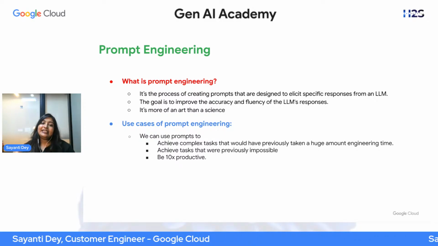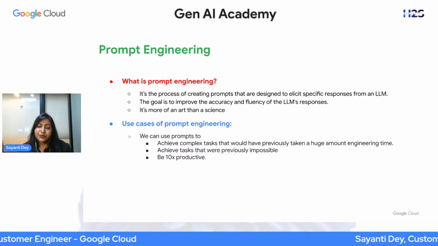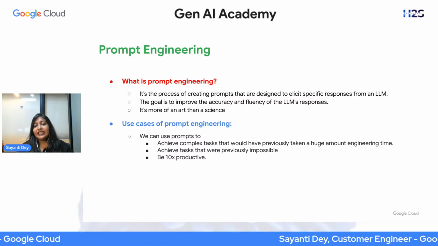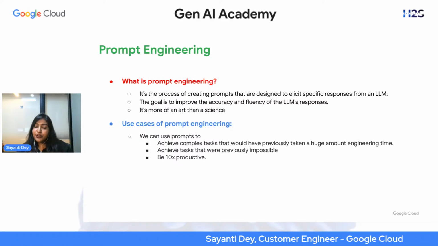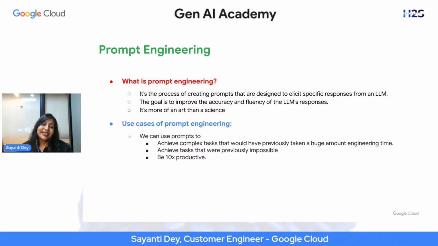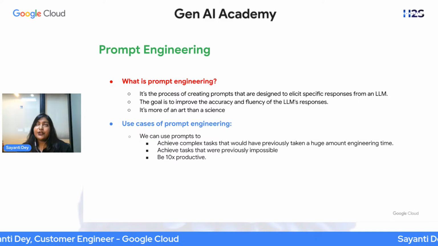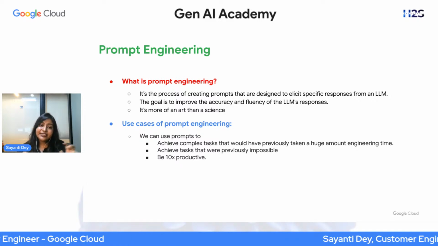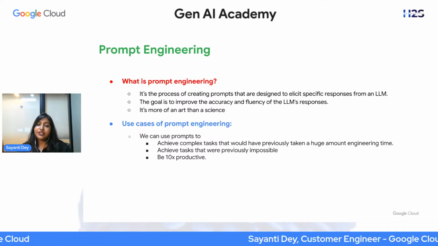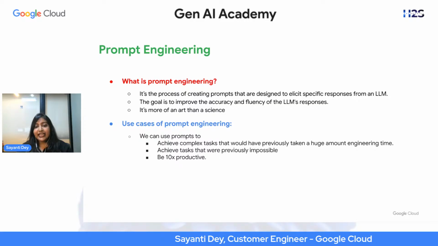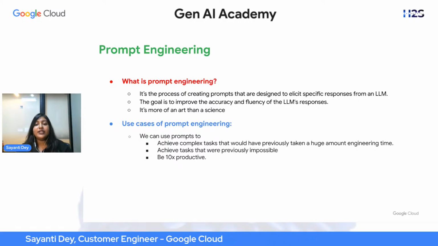Now, if I take an example of a large language model, they work by taking a string of text as input, that is your prompt, and predicting the tokens that should follow. So it will calculate the probability of different tokens in the vocabulary. Ultimately, it will select one based on the parameters that you have set and the prompt that you have given.